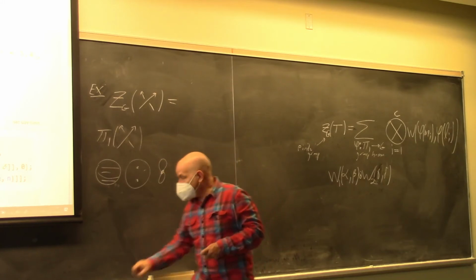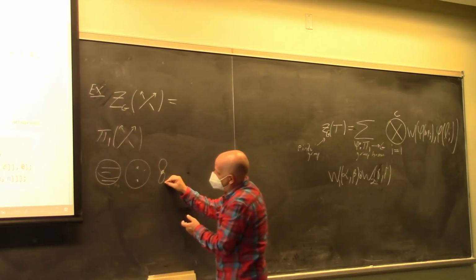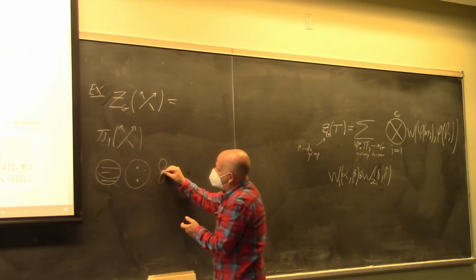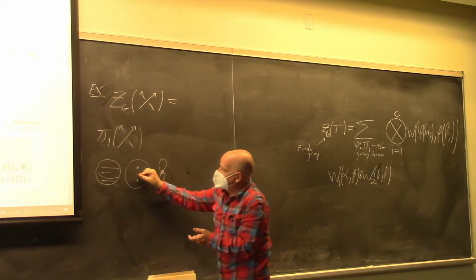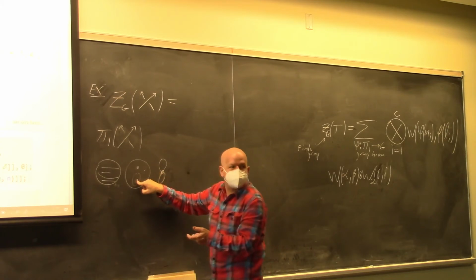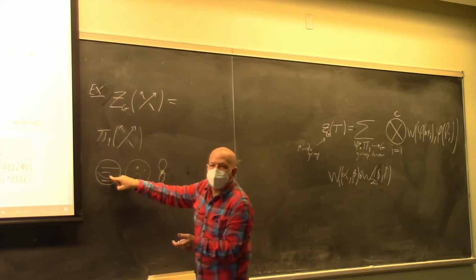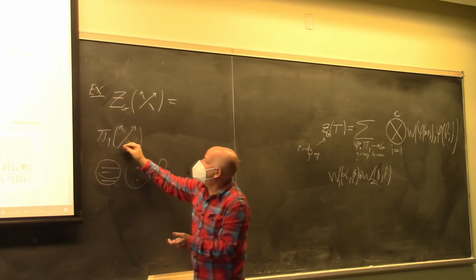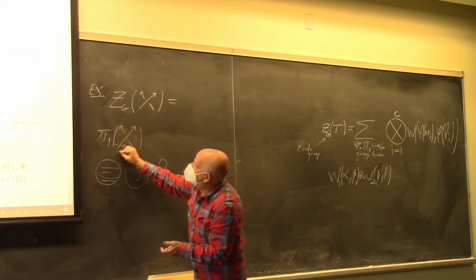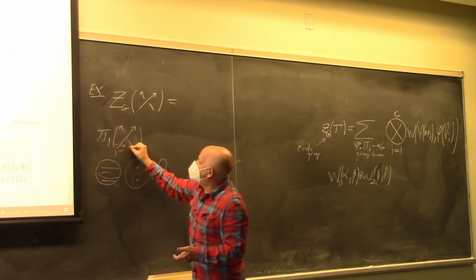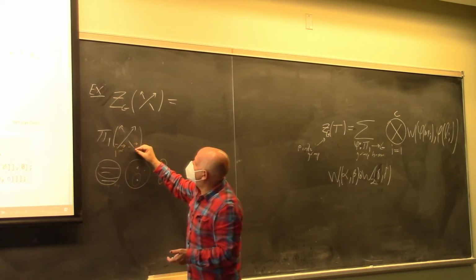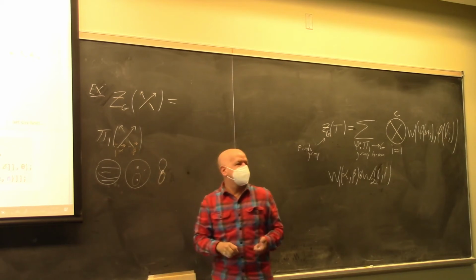So you can now trace backwards. One generator is the loop that goes this way. That's a loop that goes around this line, which becomes a loop that goes around this one, which becomes the meridian of component number 1. And the other generator is the meridian of component number 2.